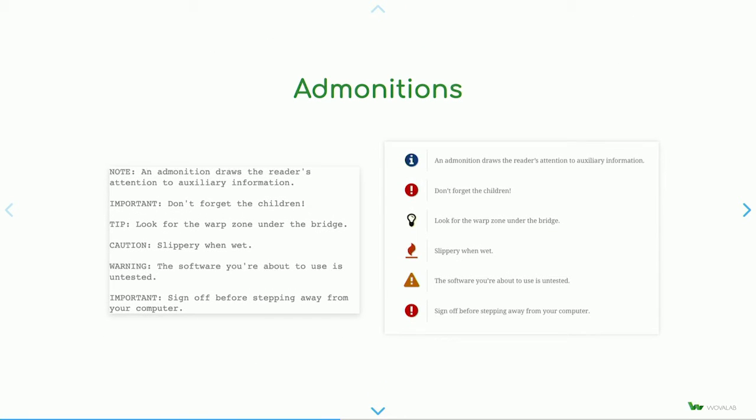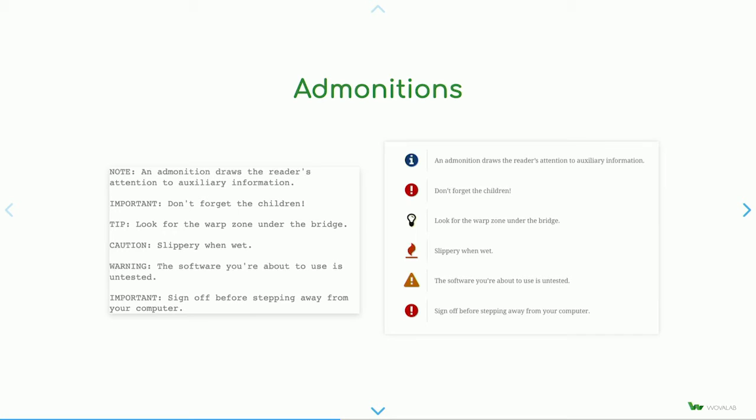I like this one. If you want to draw attention to a specific statement in your document, you can use admonitions. You define a type, a note, important, a tip, and you will have this icon before the sentence.